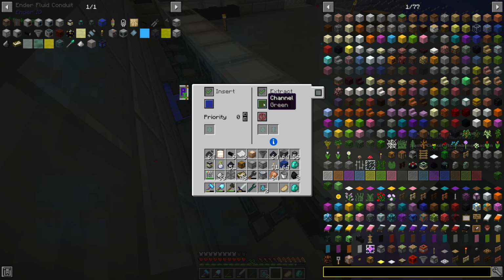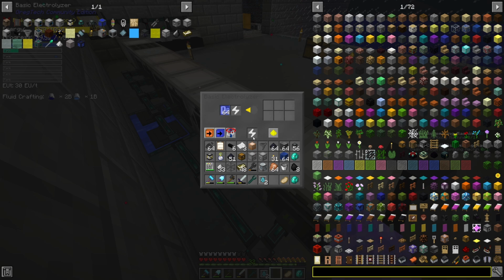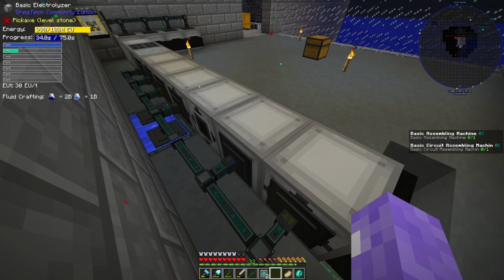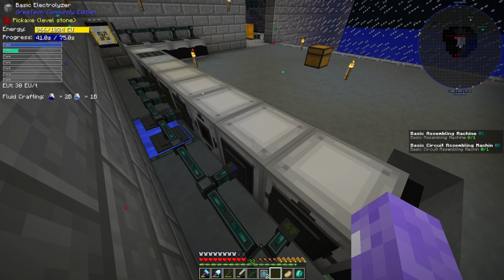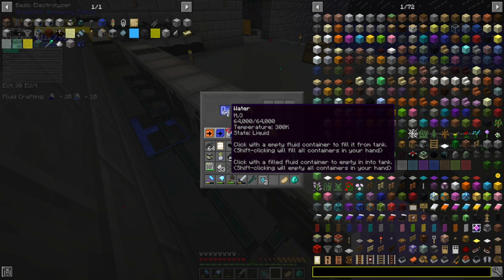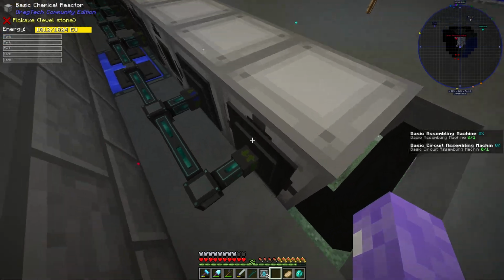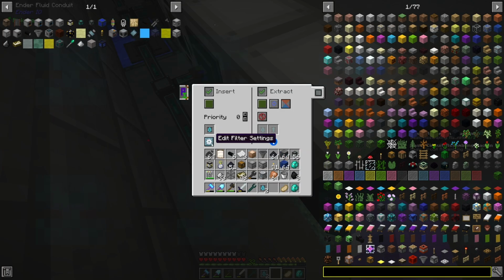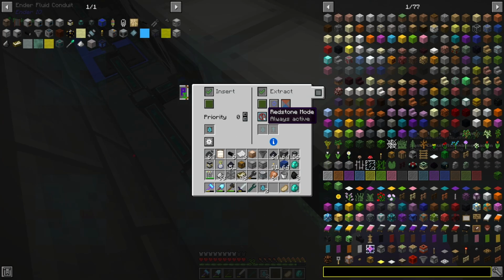It's inserting water, extracting. The oxygen is coming out fine. Let's see here. If I raise the priority? I'm not even exactly sure what that does.